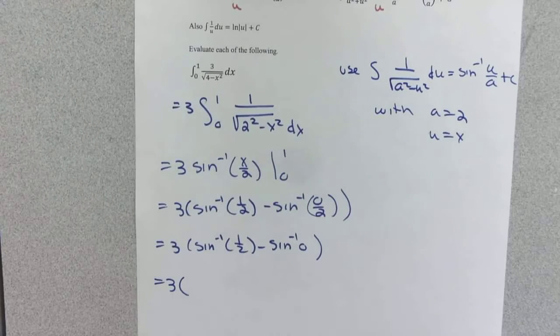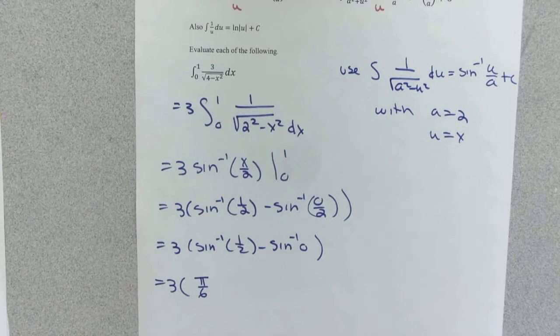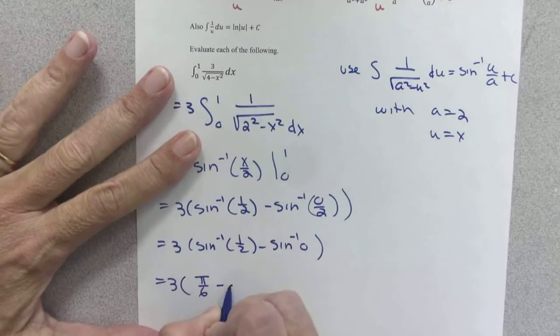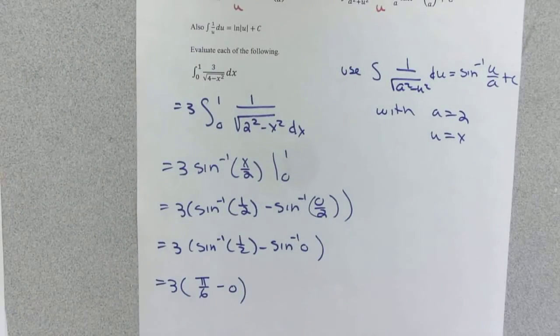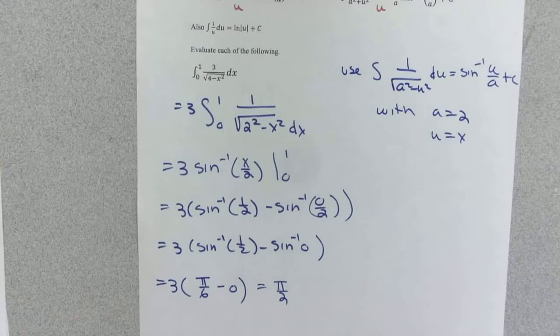So what angle on the interval from negative pi over 2 to pi over 2 has a sine of 1/2, and that is pi over 6. And then you're doing the same thing on the end here. What angle from negative pi over 2 to pi over 2 has a sine of 0? And that is 0. And so my answer here is pi over 2.